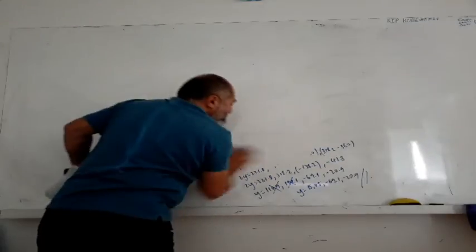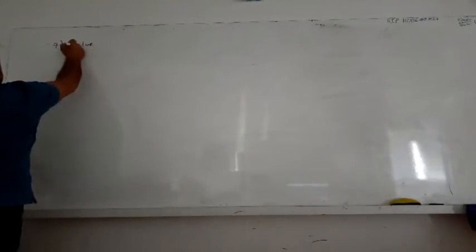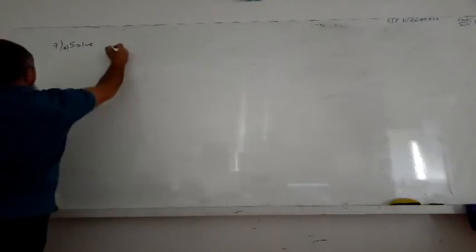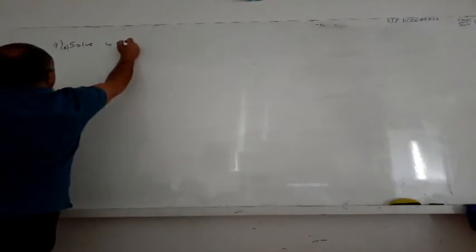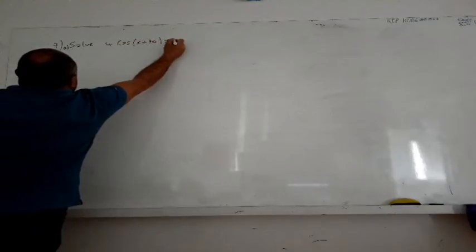Question 7, part A. Solve 4 cos(x + 70) = 3 in the range 0 to 360.